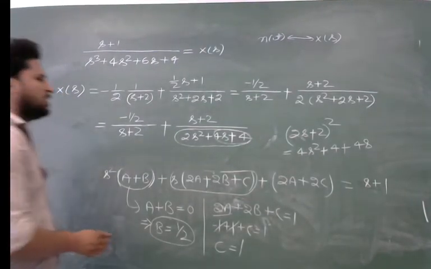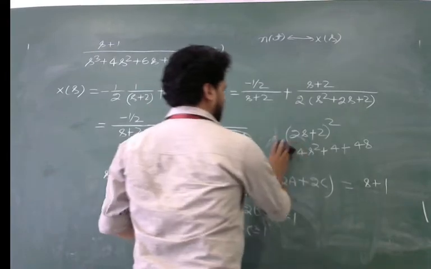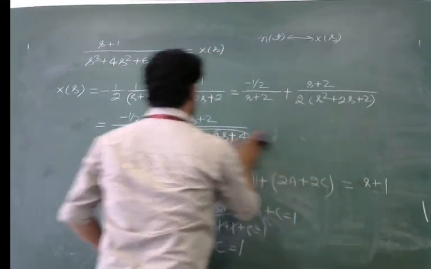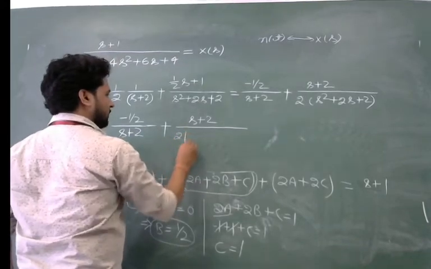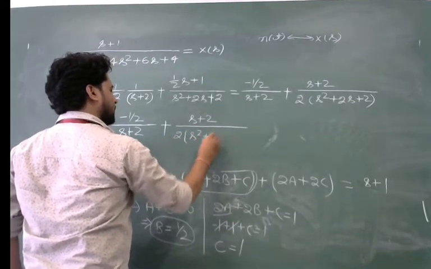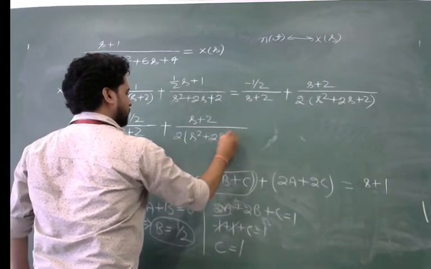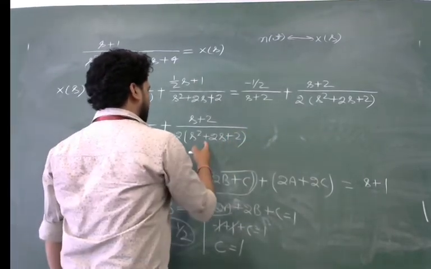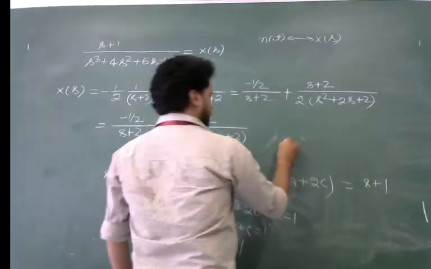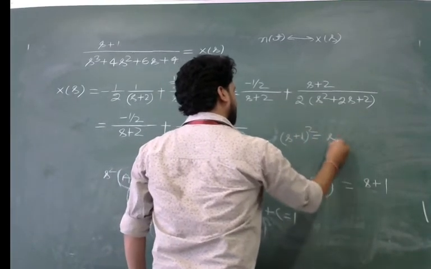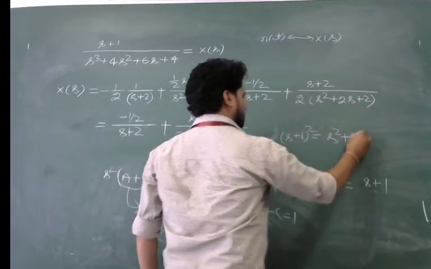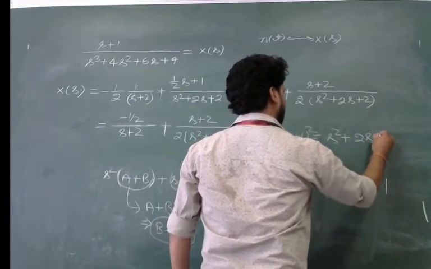Or we can simply take 2 common from the term s square plus 2s plus 2, it is better. If I write it as whole square of s plus 1, this will become s square plus 2s plus 1.